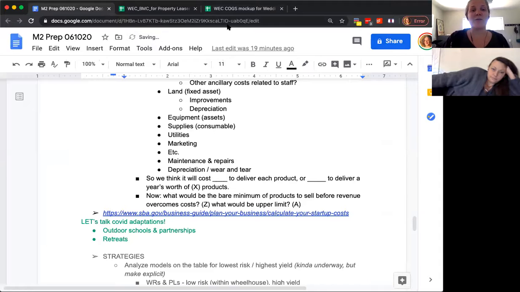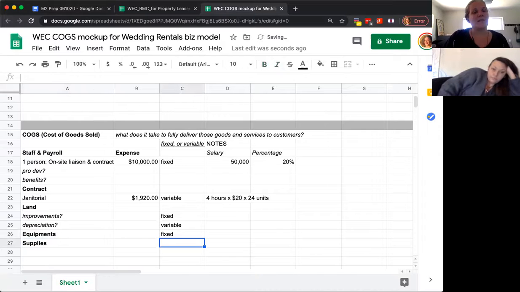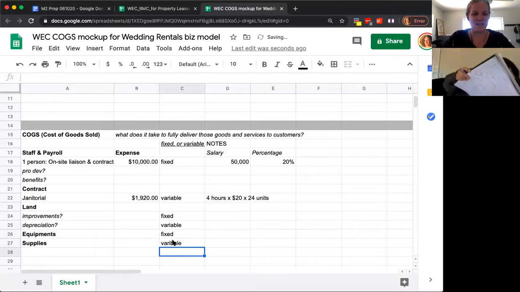Supplies that are consumable would be a variable cost. So if you need to provide tablecloths that may get damaged, that may not be as good an example, but napkins or, I don't know, cups, things like that, that would be a variable cost for each wedding.